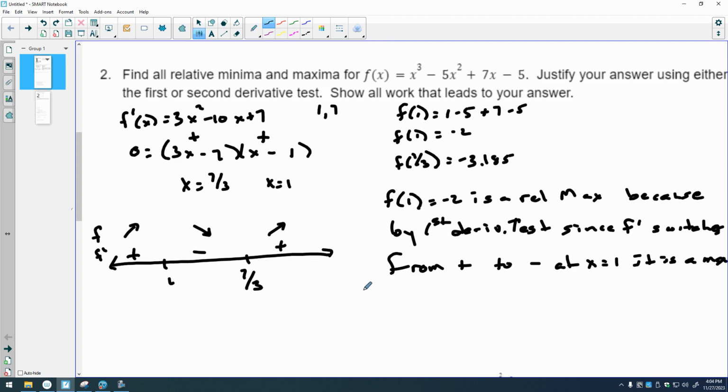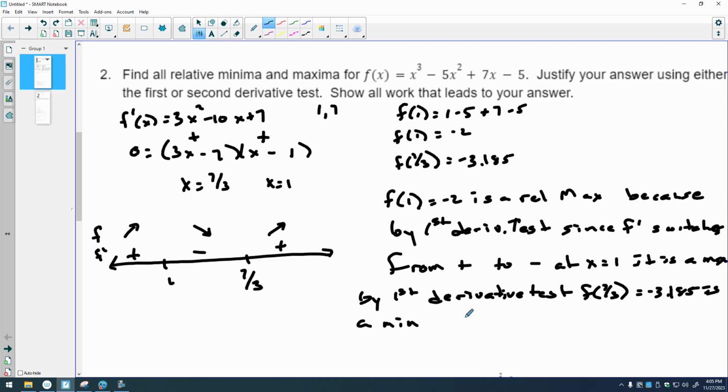Okay, so by first derivative test, f of 7/3 equals negative 3.185 is a min.